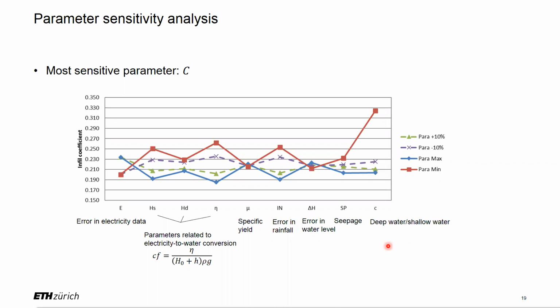You can see that the C value is the most sensitive and contributes the most uncertainty to this model. And the parameters related to electricity-to-water conversion have a magnitude comparable with the error introduced in rainfall data measurements. So we keep the uncertainty from the C value in the following analysis of the box model results.